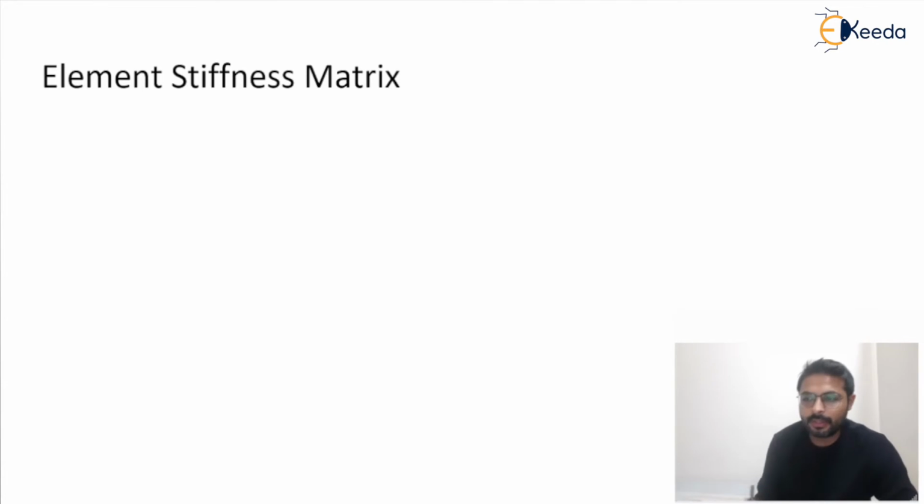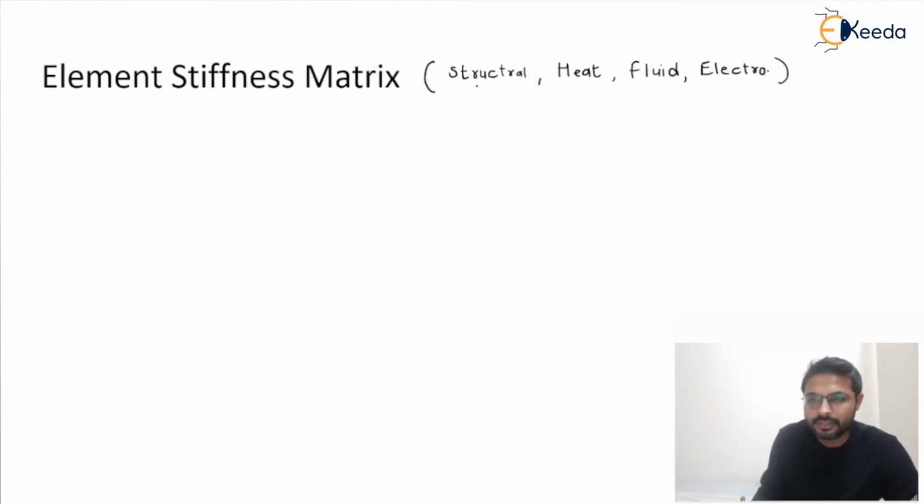So let's understand now what is the element stiffness matrix, starting with one example. Among the various problems like structural problem, or solid mechanics, heat transfer problem, fluid flow problem, and electromagnetic problem, the simplest form is the structural problem, in which we are considering an elastic material.